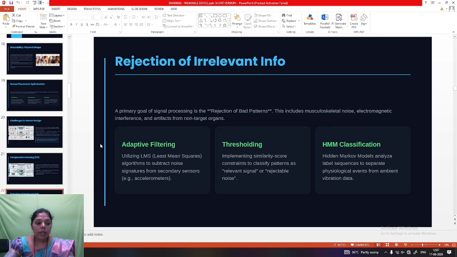Adaptive filtering means utilizing the LMS, least mean squares algorithm, to subtract noise signatures from secondary sensors. Thresholding, implementing a set threshold constraint to classify a pattern as relevant signal or rejectable noise. HMM classification, hidden Markov model analysis of label sequences to separate physiological events from ambient vibration data.